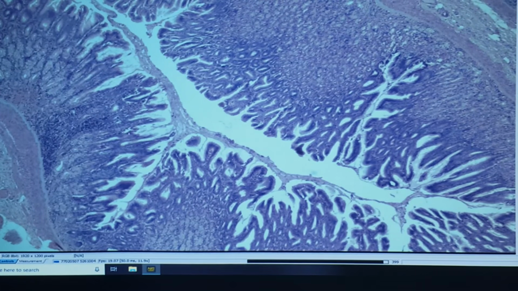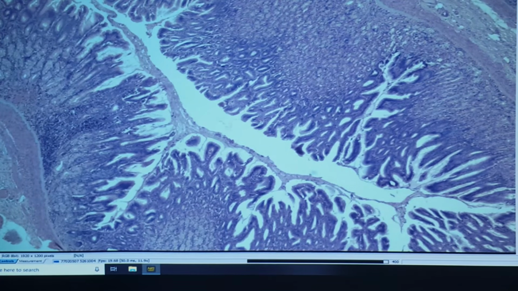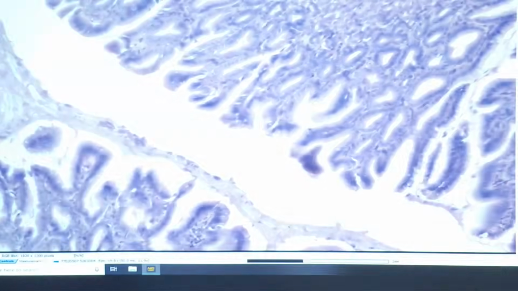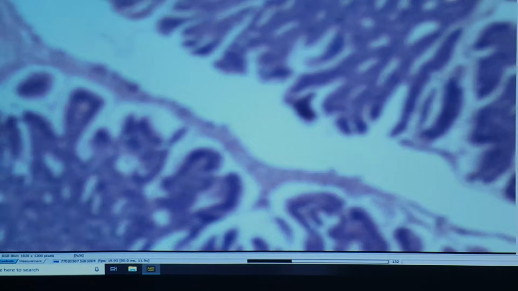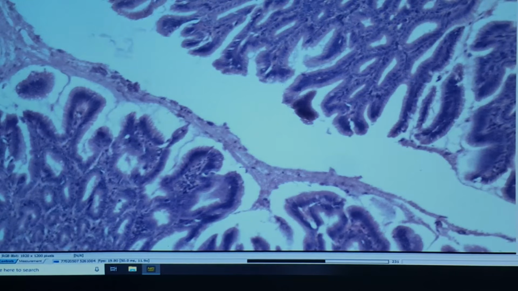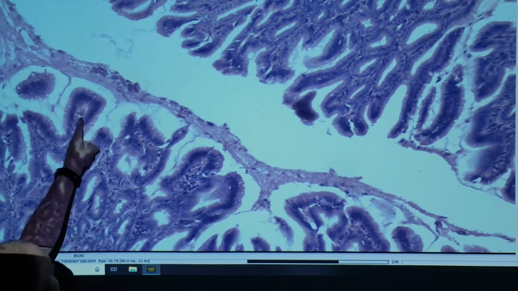Now, how would I know this is stomach versus, say, small intestine or something like that? Well, if I increase magnification, I think you can see what I told you about before. Look at all this simple columnar epithelium that I see everywhere.